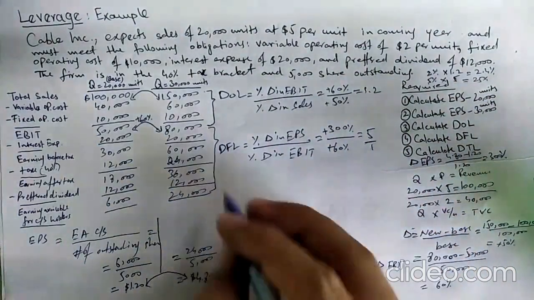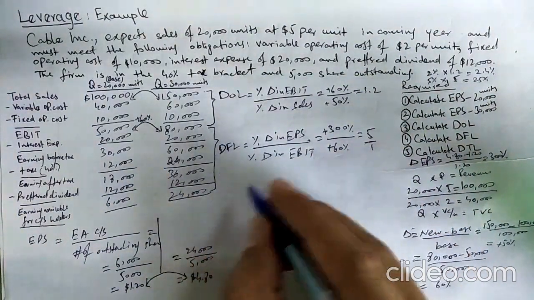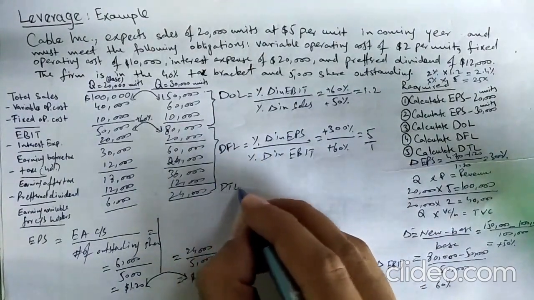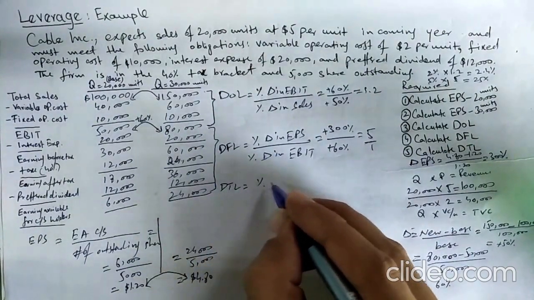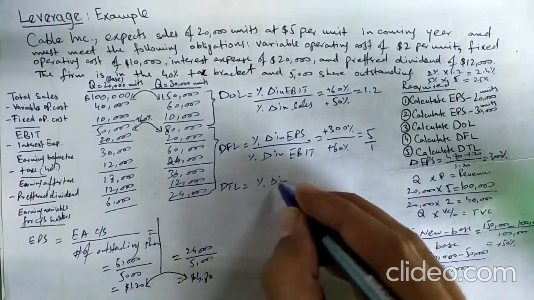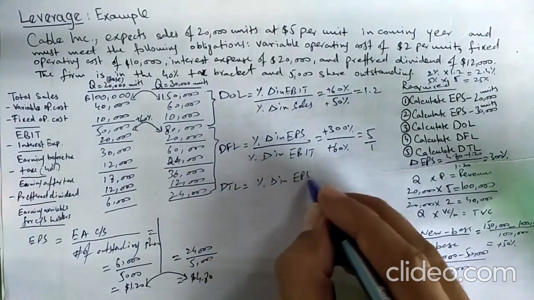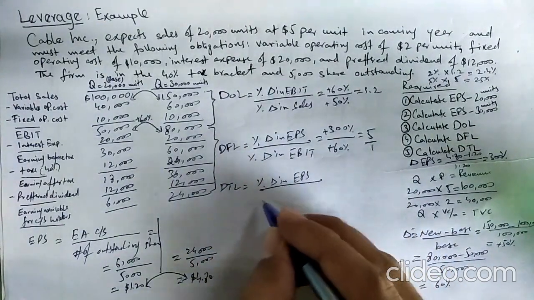At last, we will calculate the degree of total leverage. The formula of the degree of total leverage was percentage change in EPS over percentage change in sales.